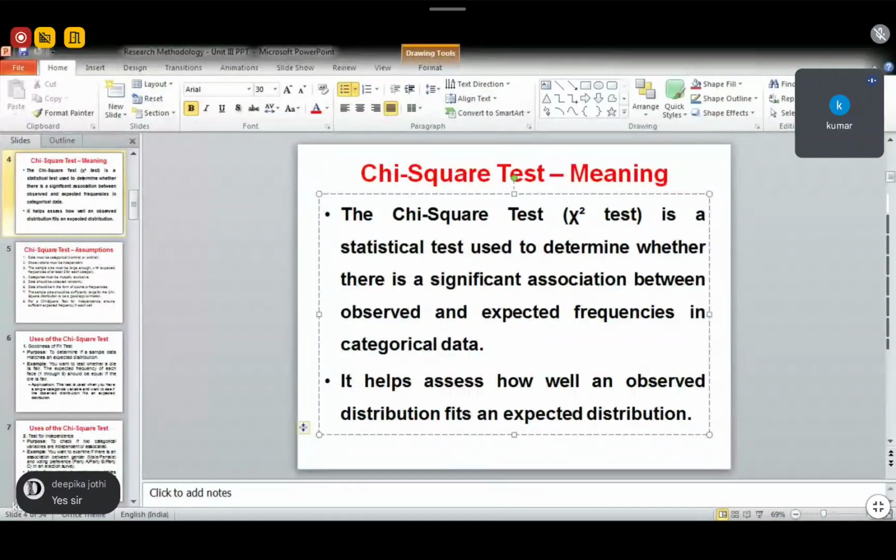What is this chi-square test? It is a test of describing the magnitude of the discrepancy between theory and observation.